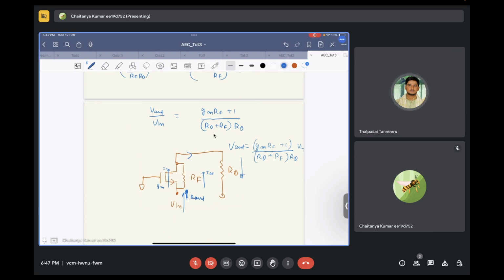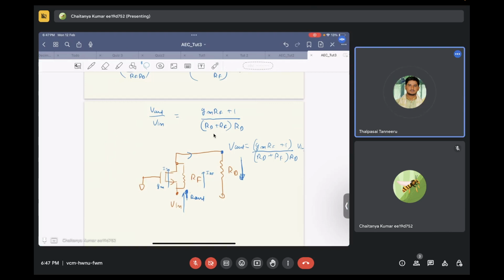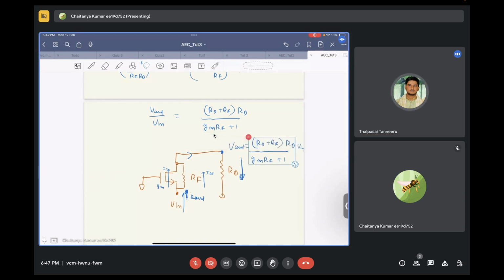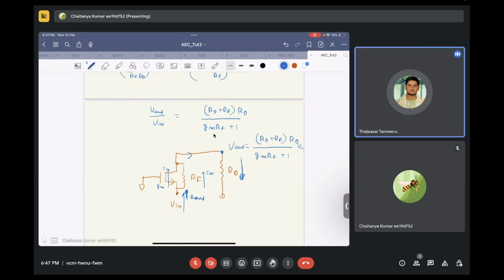You know the output voltage over here. So what is the current that is flowing through RD now?